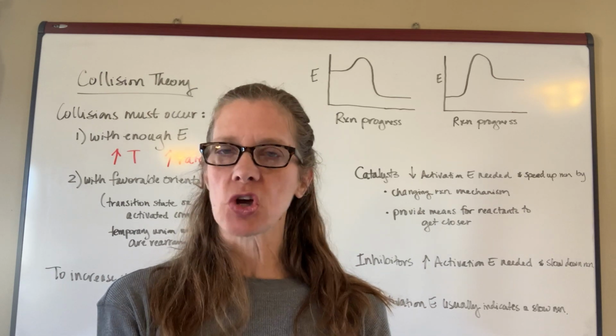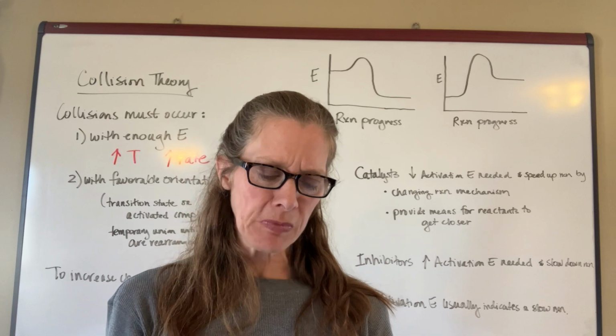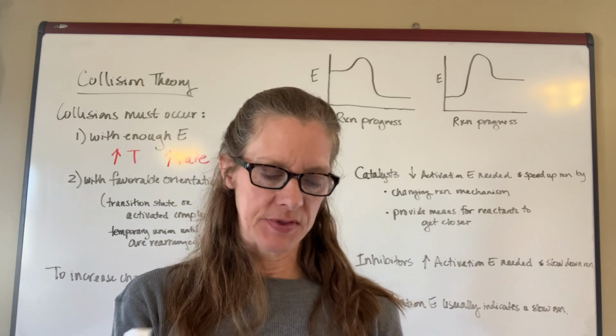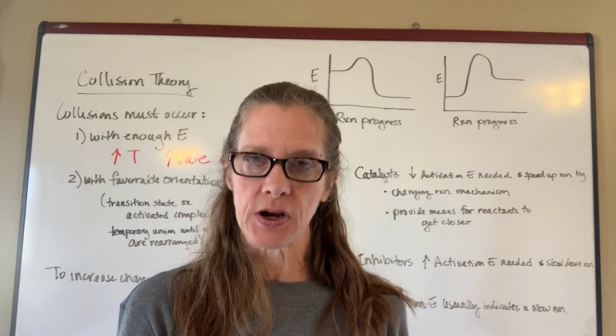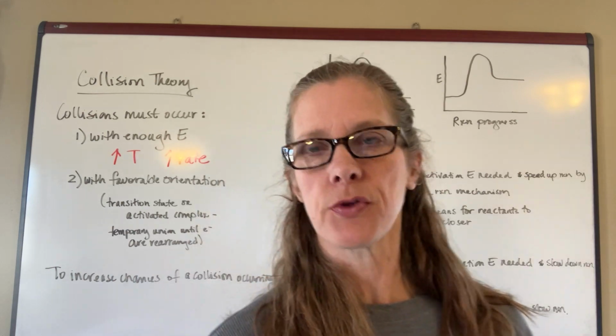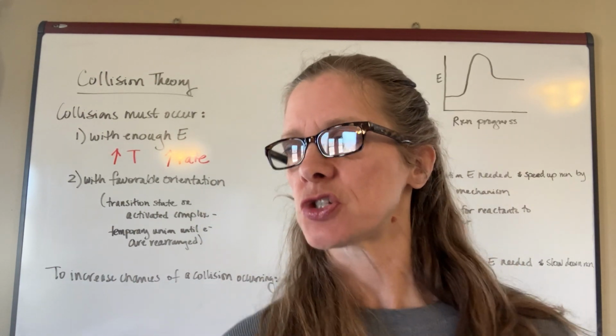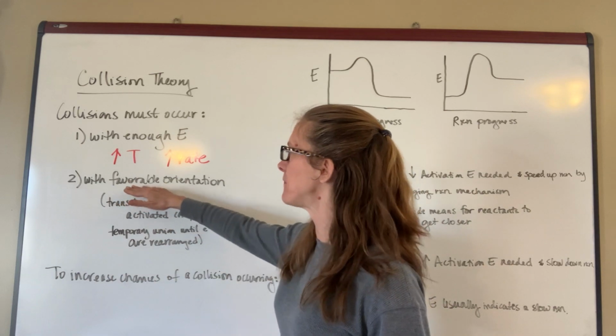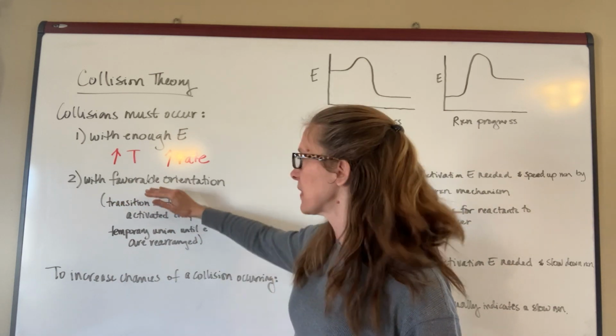They may run into each other lots of different ways, but if the carbon and the oxygen don't make contact, then the reaction is not going to happen. That's why I say you have to have a favorable orientation.